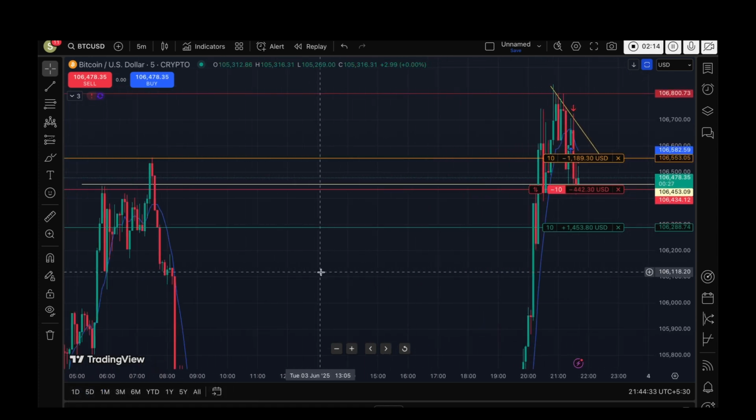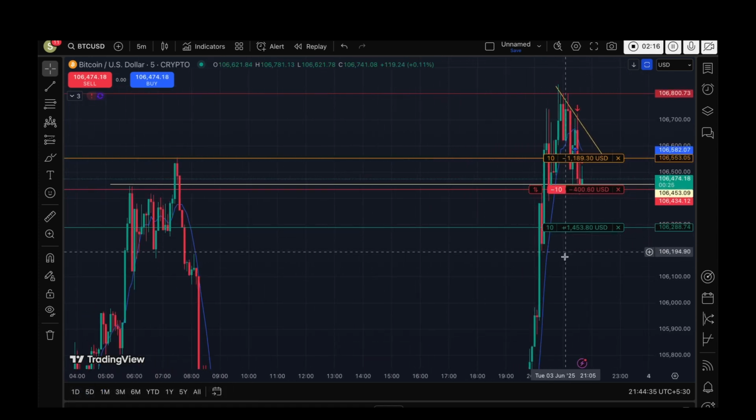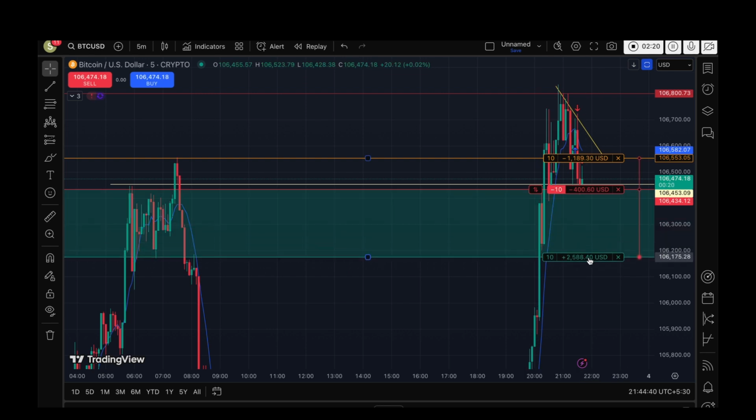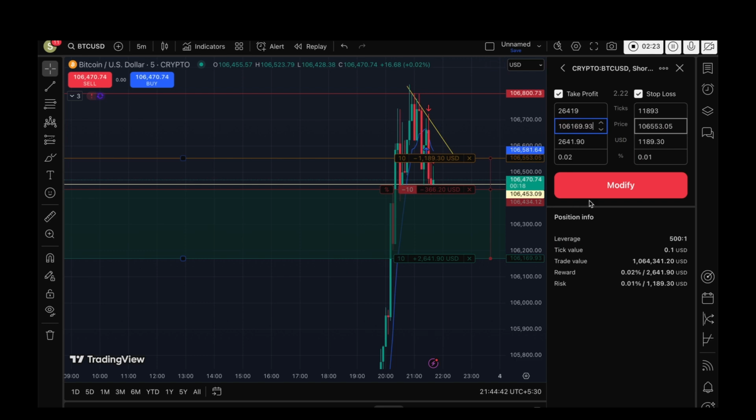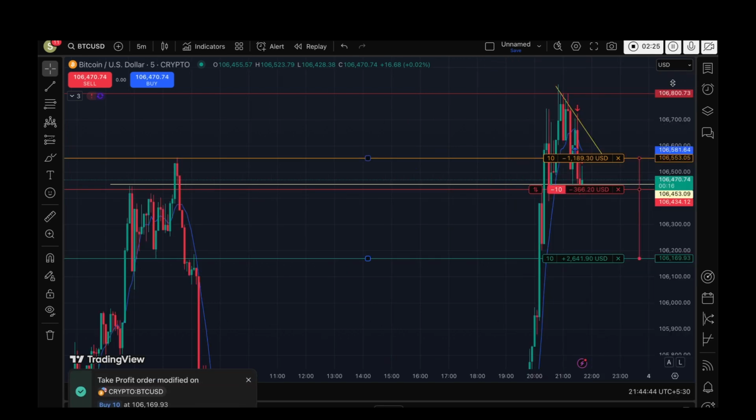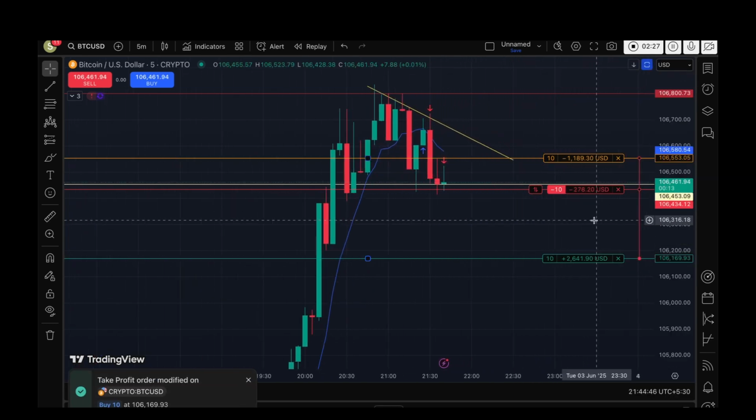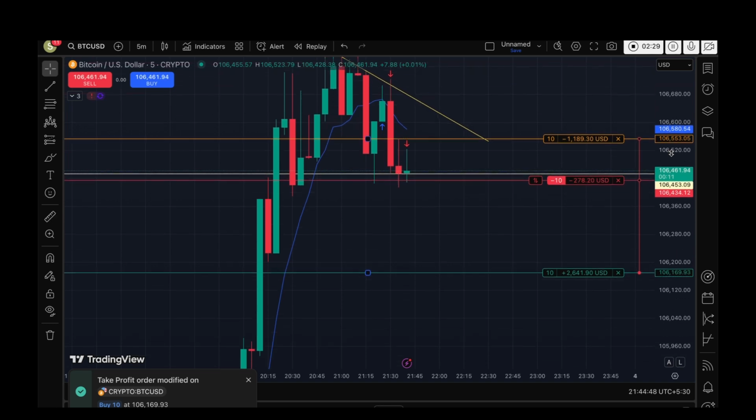gold USD. So let's see how the market is going to do. We had around $400 in the minus.